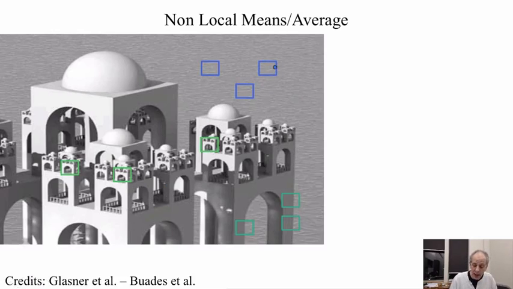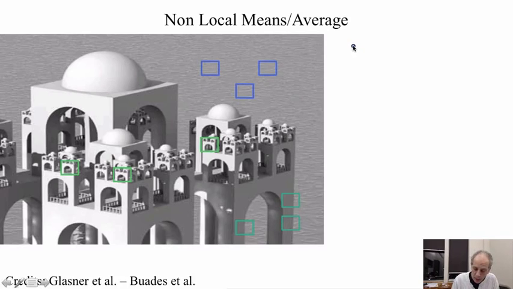So the basic idea of non-local means, or non-local averaging, is to try to enjoy the properties of averaging, but not restrict that to a local neighborhood. So why are we doing that and how are we doing that? The basic idea is that if we assume that these are identical things, identical structures, but maybe with different noise, let's see the effects of that.